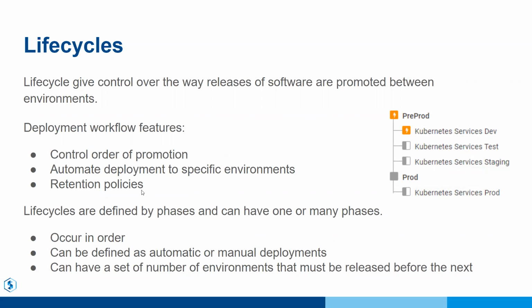These features also have retention policies, so after you create a release for dev, you can configure the retention policy of the software that has been released. As you can see, they occur in order, and you can add automatic deployments or make them manual. I think in Azure DevOps this is also an option, so this is similar to that.